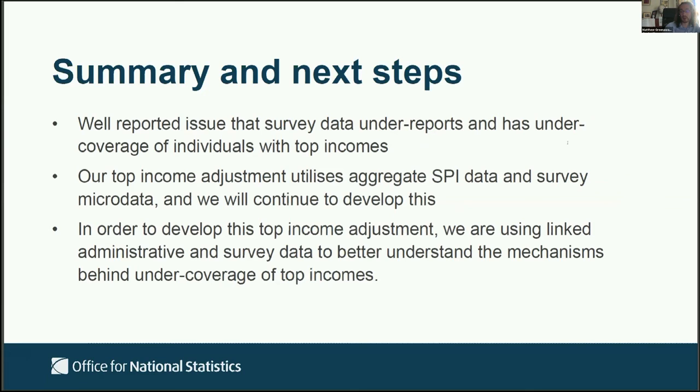In order to do this we need to understand the mechanisms, what's happening, why we are getting this underreporting of top incomes and the coverage of top incomes, and what's the balance between non-response, measurement error and item non-response. We're using linked survey admin data to try and do this, the eventual aim being to utilize survey and admin data together to get the best possible estimate.